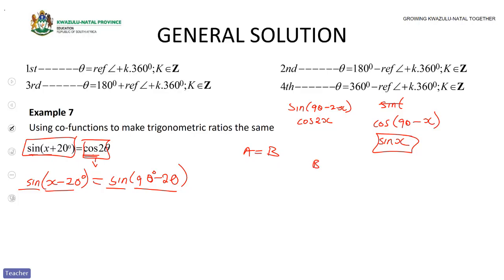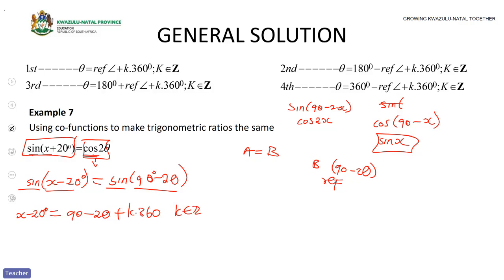Then we are going to use our B as the reference angle, which is 90 minus 2 theta. And because sine is positive in the first quadrant, we drop down our angle: x minus 20 equals 90 minus 2 theta plus k times 360, where k is an element of all integers. So that is for the first quadrant.